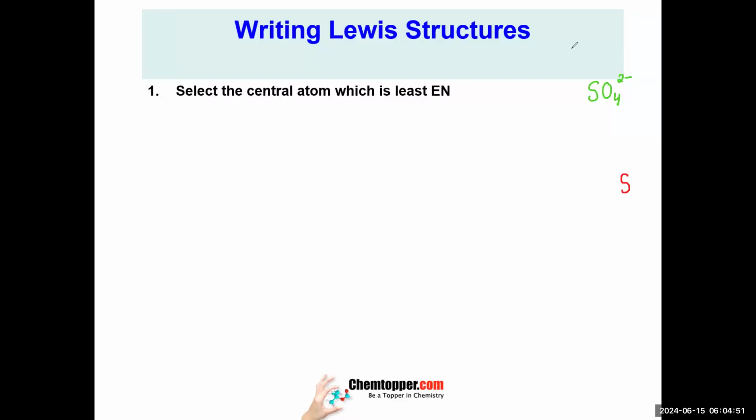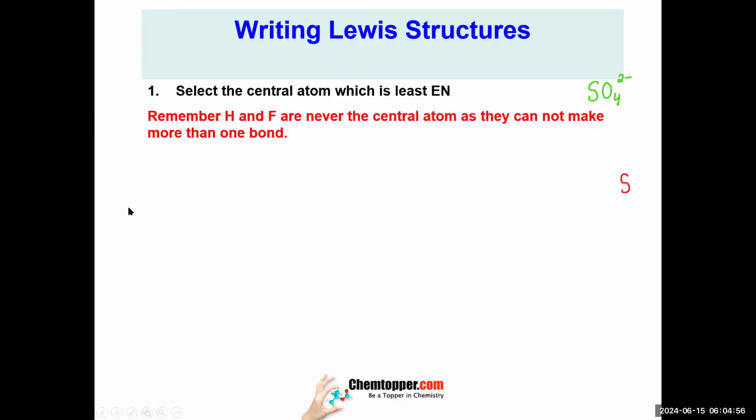Now rule number 2 says that you make a skeleton of these 4 oxygens with single bonds, like this. The oxygens are going to make at least a single bond with sulfur. One bond is the minimum needed. Okay, see, is this line clear? This red one.